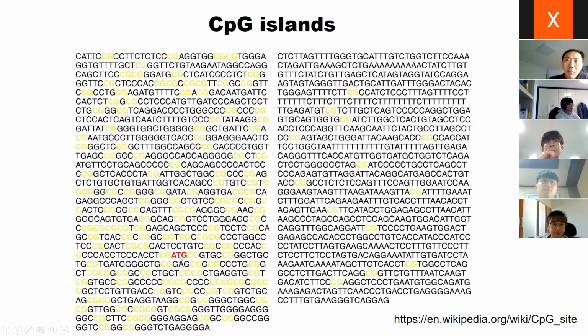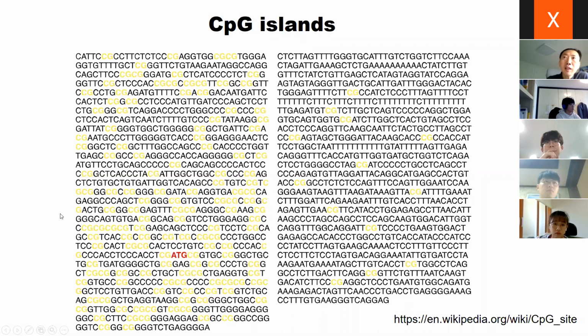This is the starting point of transcription, ATG. ATG is the code for methionine, and also the starting point of RNA synthesis. That's why in protein synthesis, the first amino acid is methionine, because this is the starting point. This area is upstream and this is downstream.